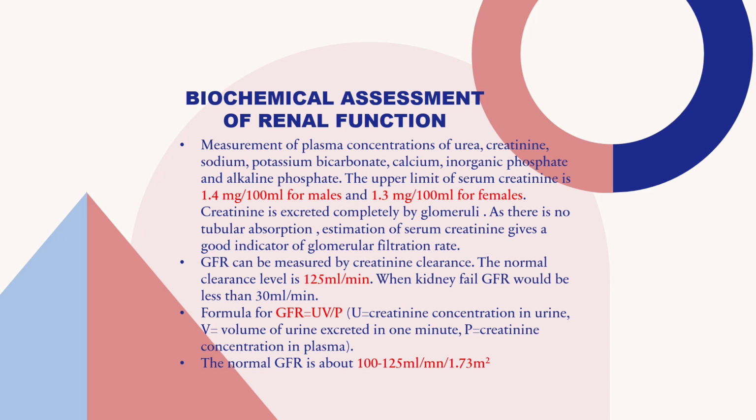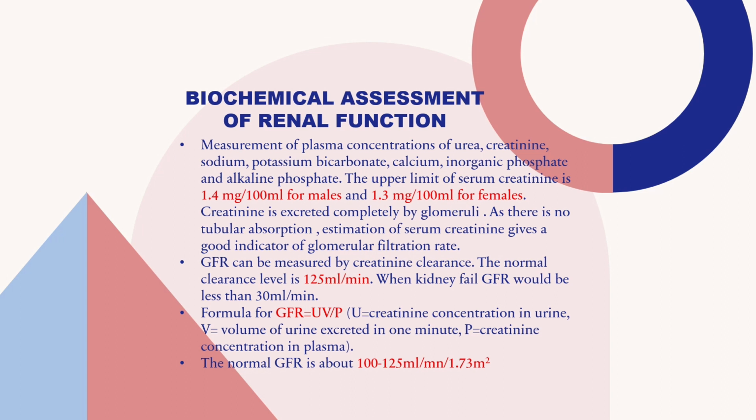Creatinine is excreted completely by the glomeruli, which I have already explained in the introductory slide. As there is no tubular absorption, estimation of serum creatinine gives a good indicator of GFR, which is also known as glomerular filtration rate. GFR can be measured by creatinine clearance. The normal clearance level is 125 ml per minute.